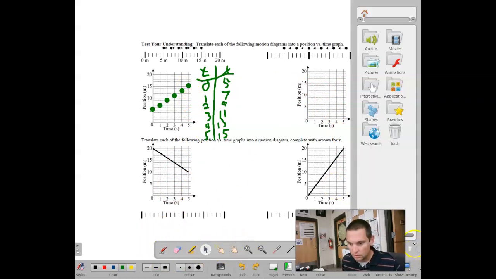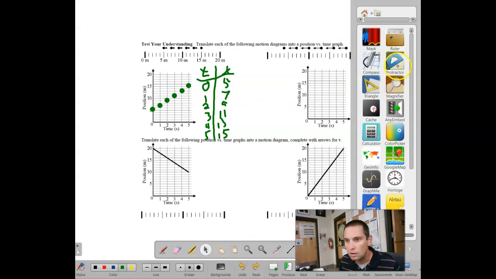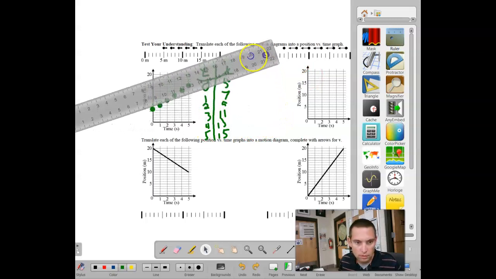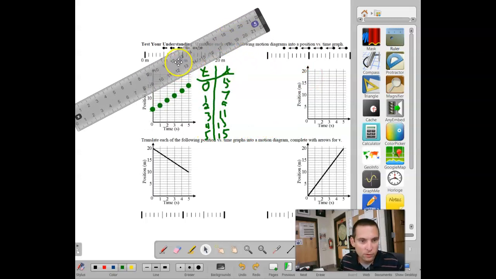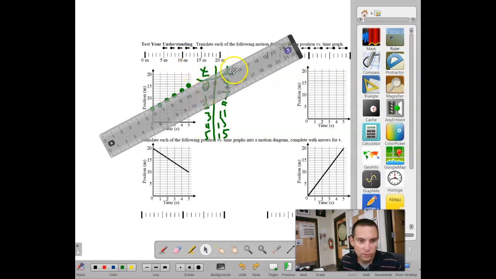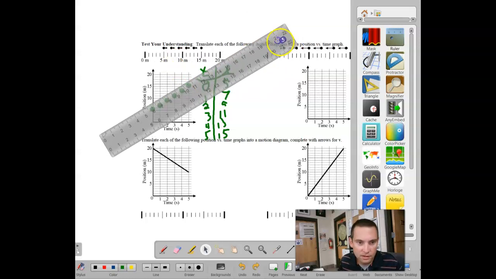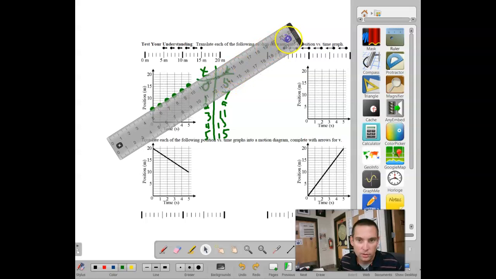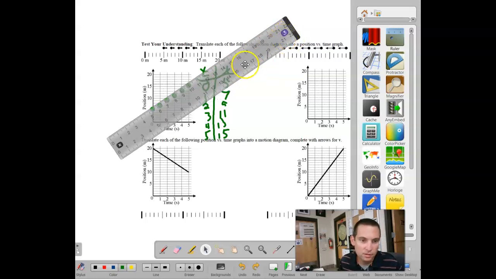Now we would take our ruler and try to get our line of best fit. Luckily this is not actual data, so our line of best fit is going to be pretty perfect.